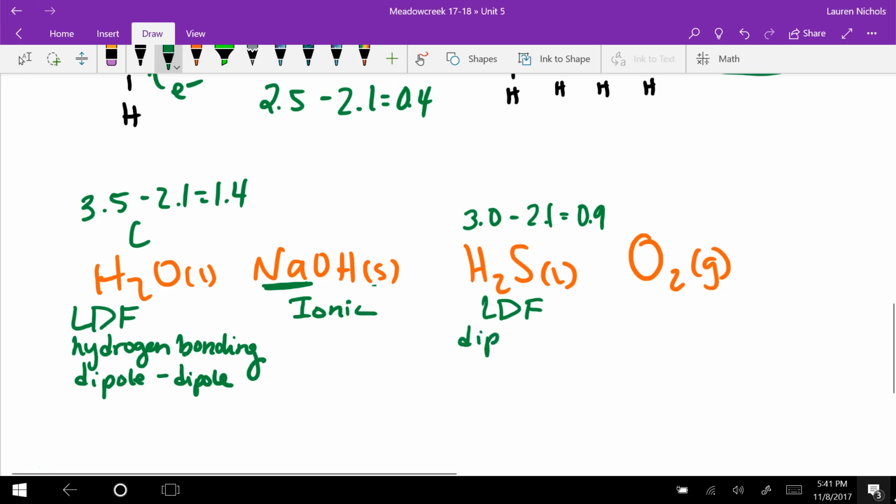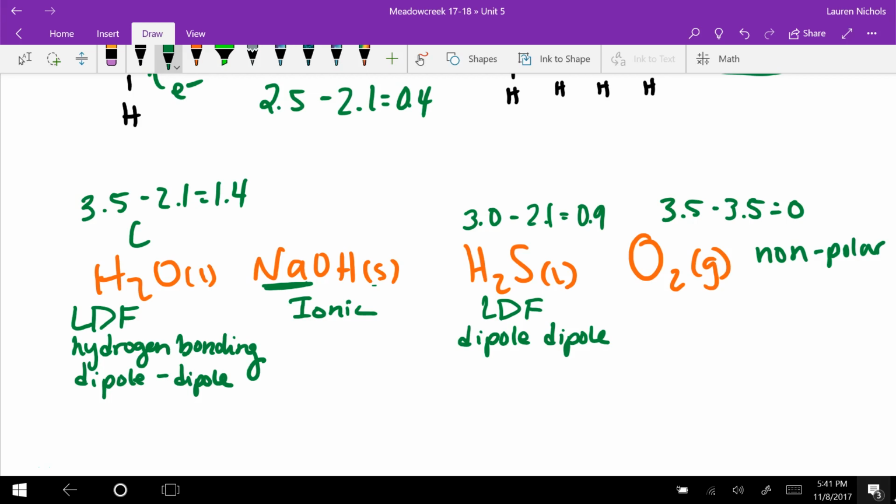So you're going to have dipole-dipole in there, but you're not going to have hydrogen bonds because we have hydrogen, but we don't have fluorine, oxygen, or nitrogen. And then for O2, oxygen is 3.5 minus 3.5, which will give you 0. So this is nonpolar. That means it cannot have hydrogen bonding or dipole-dipole. It will just have London dispersion forces.